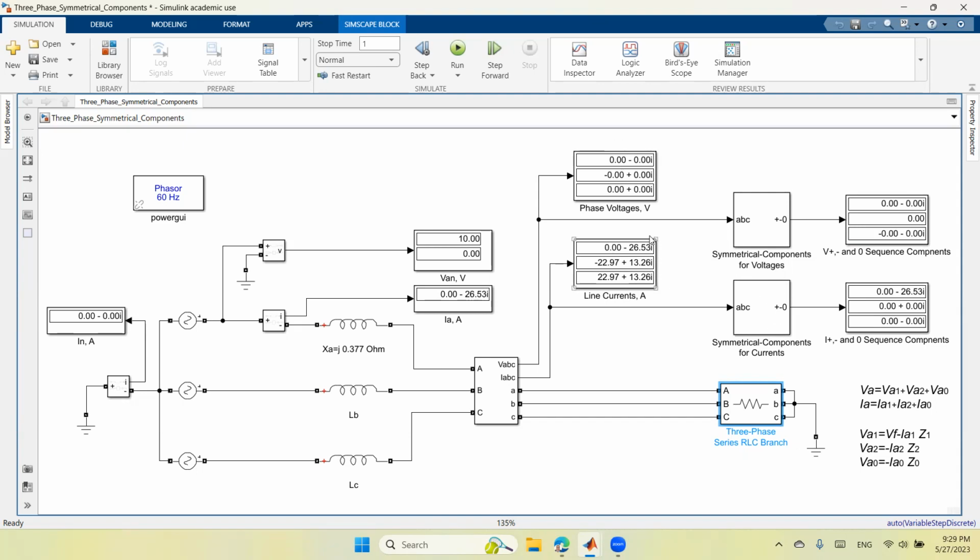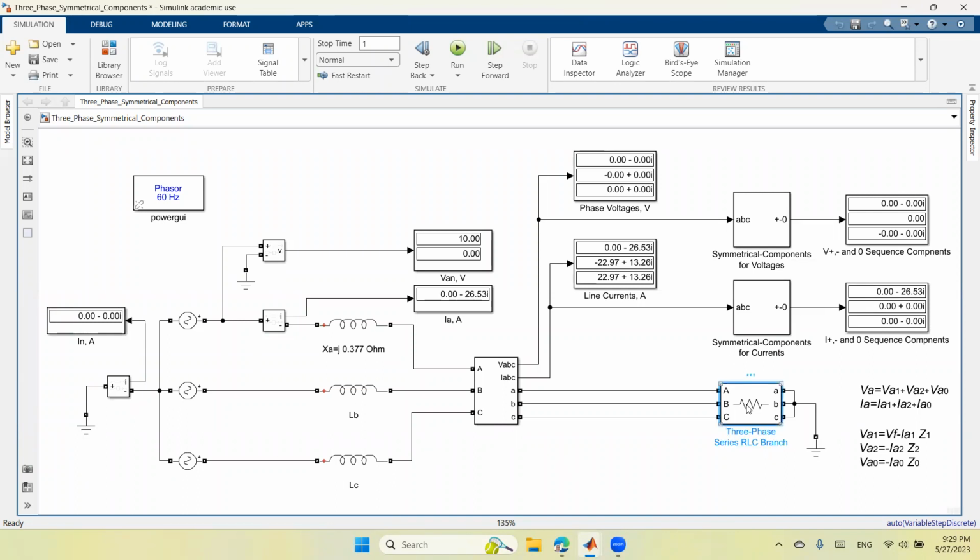Here we have the fault current in phase A, and we see that it is entirely equal to the positive sequence component. No negative sequence component, no zero sequence component, because the type of the fault is symmetrical, which is a three-phase fault. Again, because we have a symmetrical fault, we don't have any current in the neutral connection.